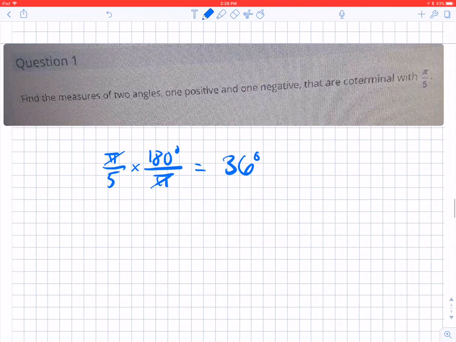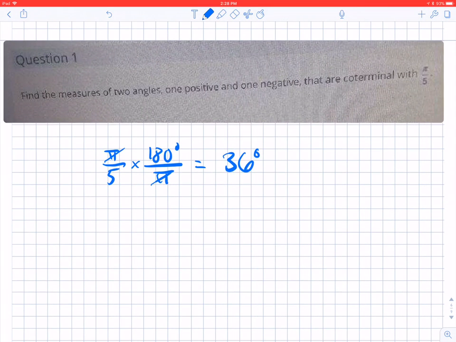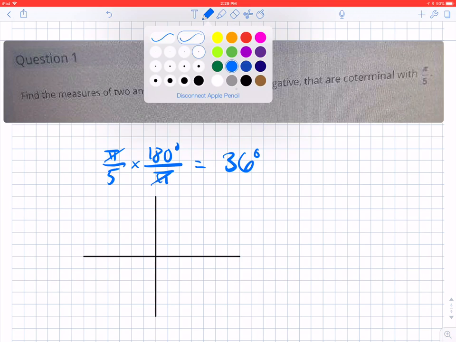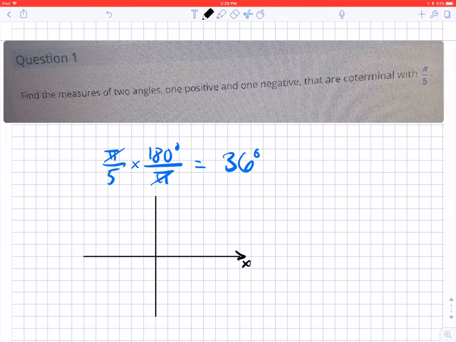If we're looking at the graph, just a quick sketch. Say this is the positive x, positive y.